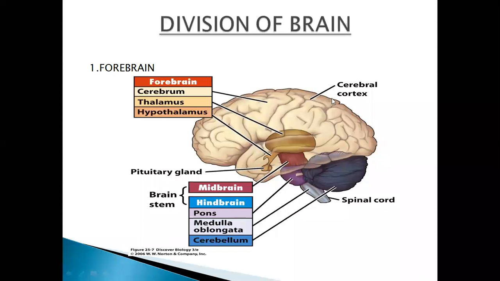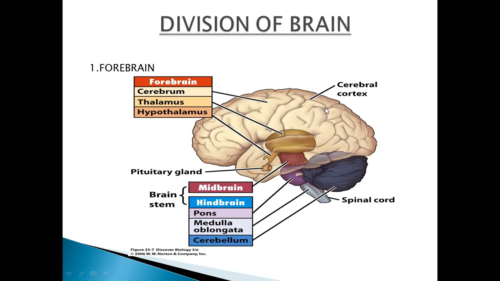It consists of gray matter. The gray matter of the nervous system consists of cell bodies and non-myelinated axons. Do you remember the nerve structure, the axons, the myelin sheath? These are all present here. These are the neurons that bring messages towards the brain.